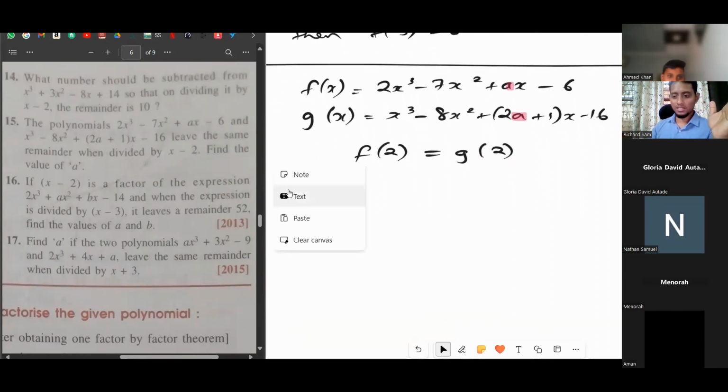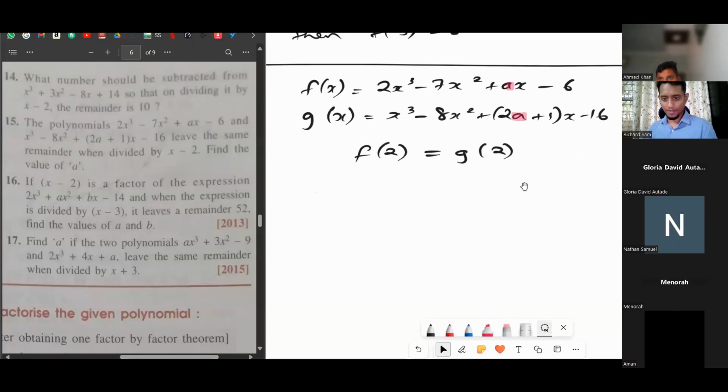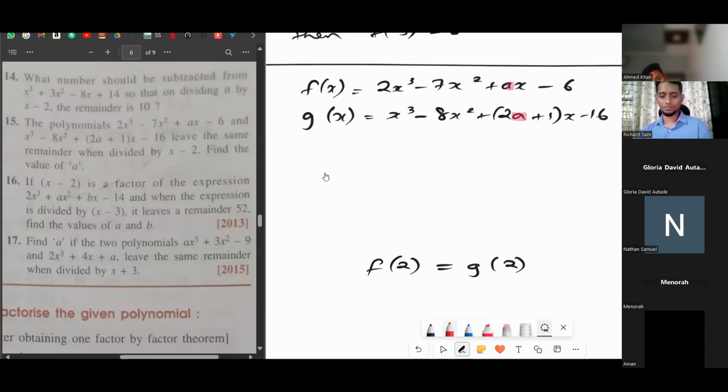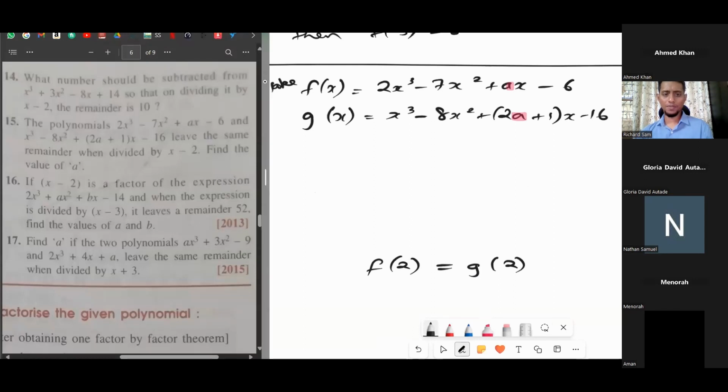Okay, all right. Let's do this one. I will write the whole thing here. Start doing. First, take f of x is equal to this, and take g of x is equal to this.